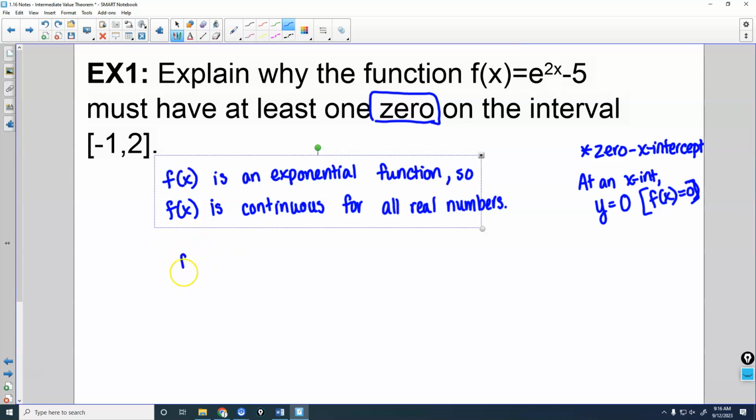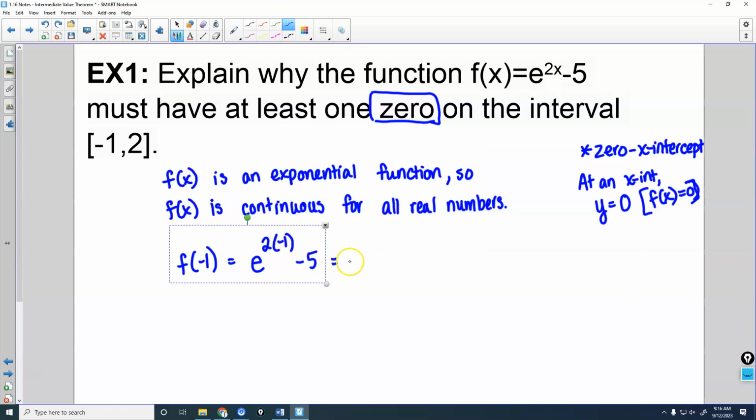So if I find f of -1, if I plug in -1, I get e to the 2 times -1 minus 5, which is e to the -2 minus 5. And I don't have a calculator on this, and I don't know what that is. But I could write 1 over e squared minus 5.